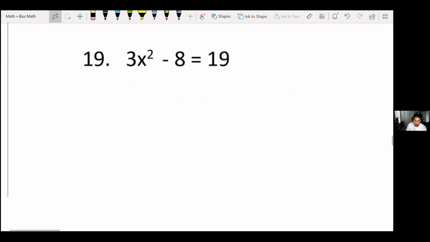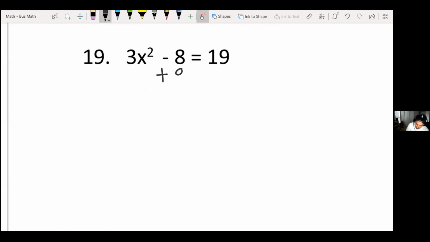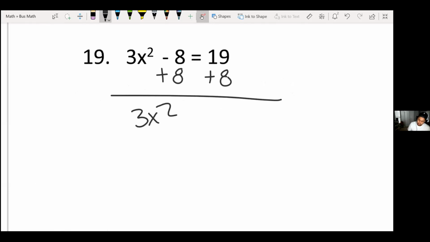Okay, 19. So here we want to solve for x. So first thing we're going to do is isolate x squared. Okay, so the first thing we should do is add 8, and you get 3x squared. Yeah, it's ugly, but you get plus 20.